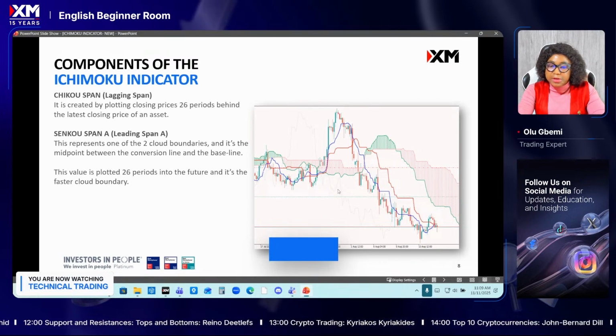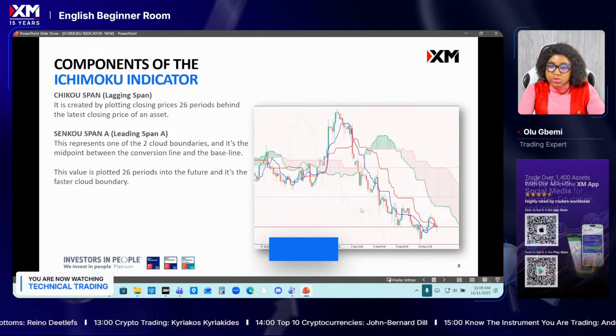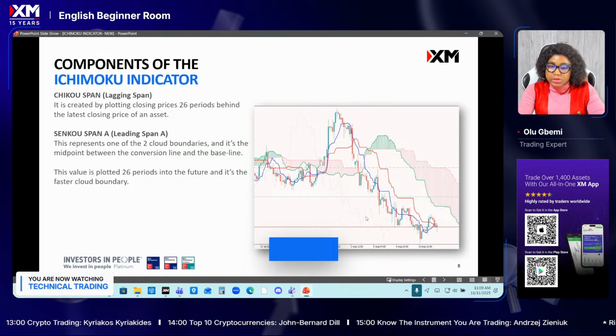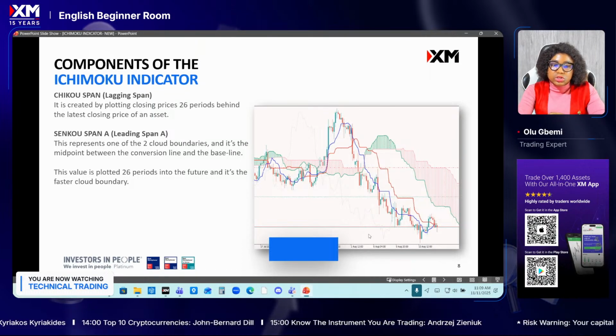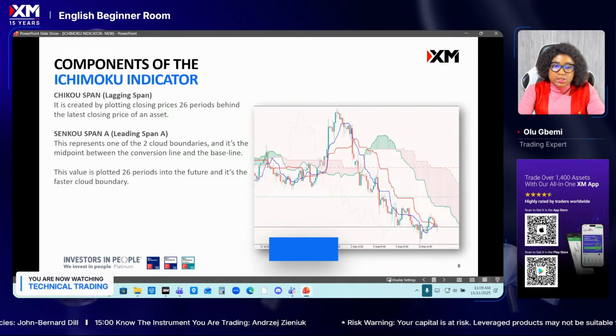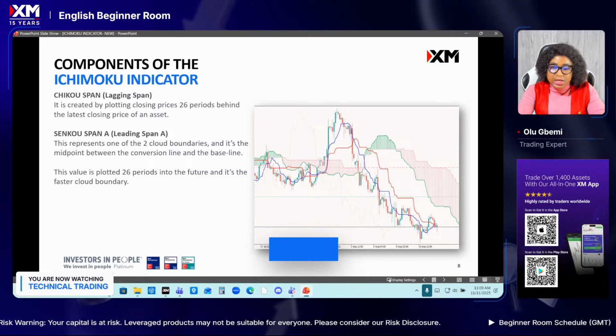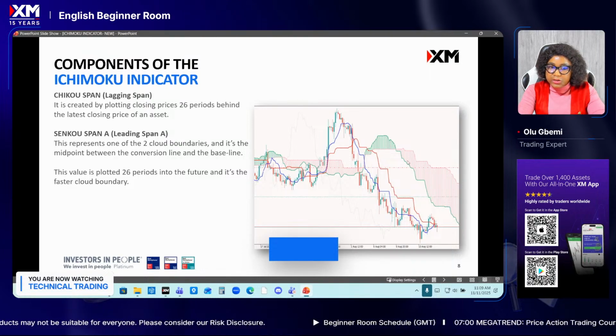I also have, very faintly here, like a gray color somewhere in the background, another line there, and that is called the lagging span or the Chikou span. It is calculated by plotting closing prices 26 periods behind the latest closing price of an asset. And we have, aside from that, the Senkou span, which is known as leading span A here.